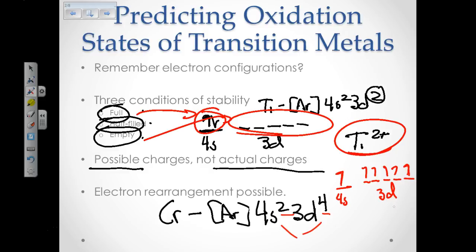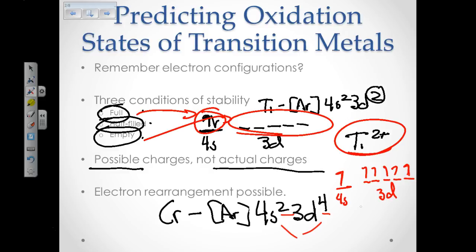I say this because we can do this when we're forming ions as well. If the electrons can form a stable configuration, then likely it's going to form that stable configuration where both things are half filled, or the S's are fully filled and the D's are half filled, or something along those lines.